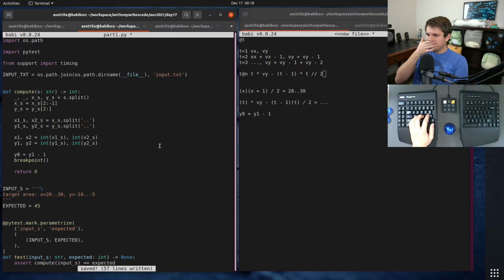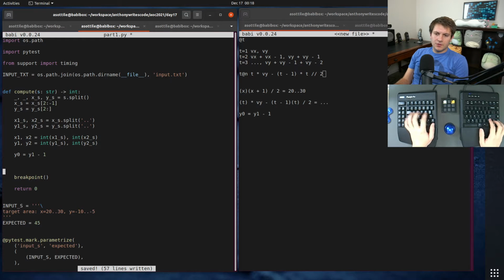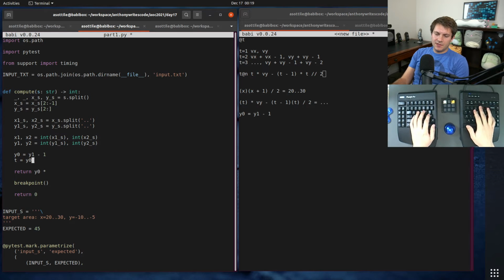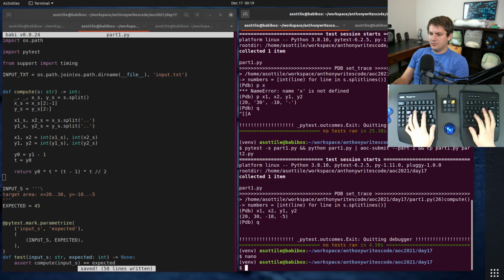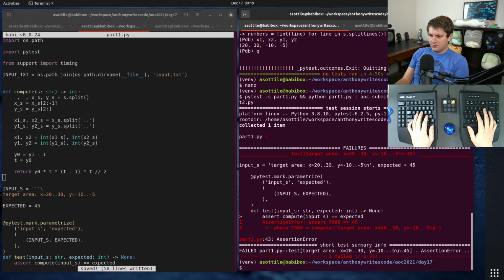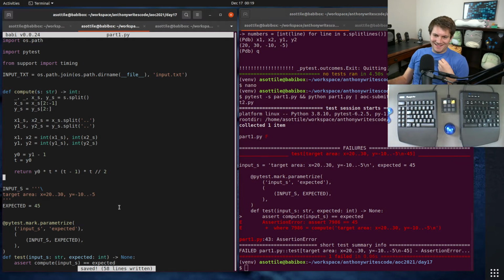So, and t will be y. So return y0 equals y naught, y times t times t minus 1 times t over 2. This is supposed to be a subtraction.